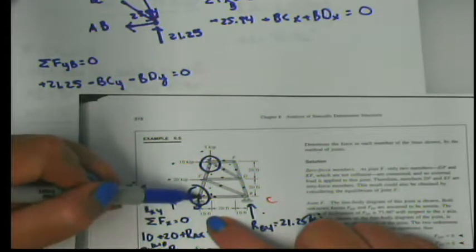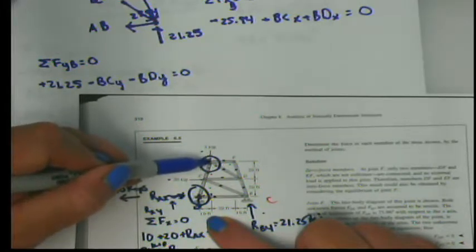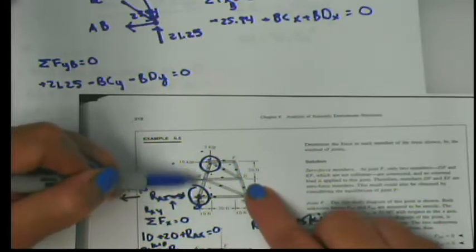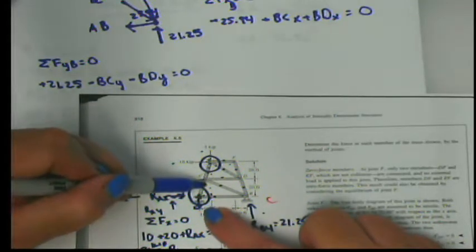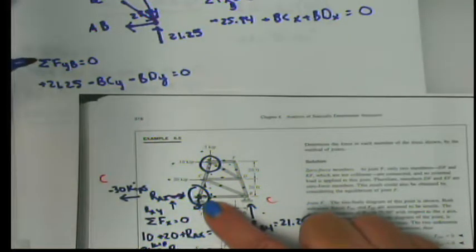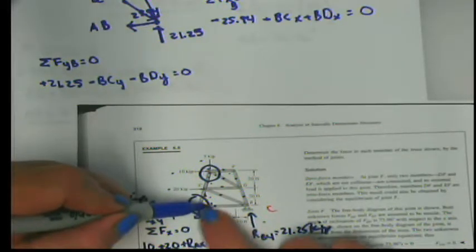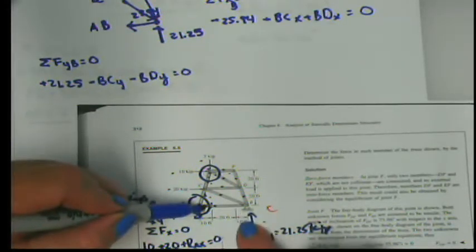If the entire distance from A to E is 10 feet in the horizontal direction, this distance is the same, so by similar triangles, does it make sense that the horizontal distance would be 5 feet? So the distance from here to here is 5 feet, so the horizontal distance from C to B is 35 feet. Does that make sense? Okay, just wanted to double check.